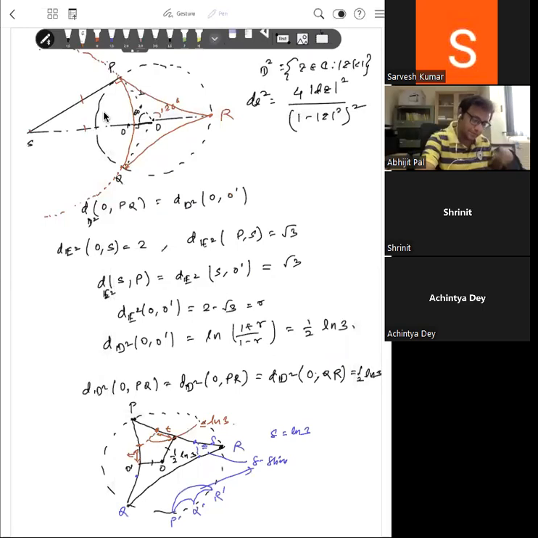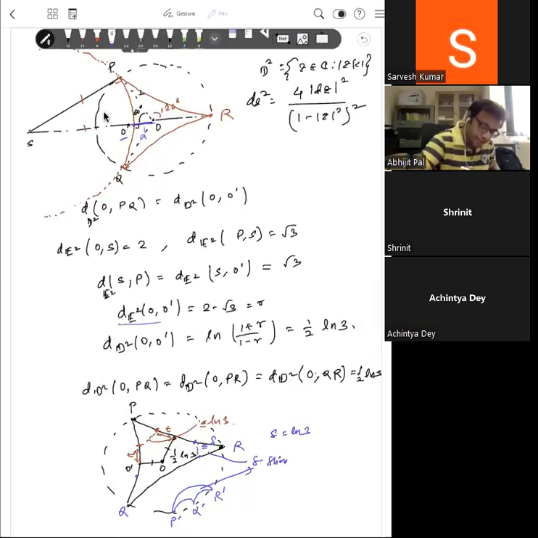Okay, so that ideal triangle I have drawn here. Now you want this distance, and I have called it A. You can check all this computation. This foot of the perpendicular I have noted as O prime.